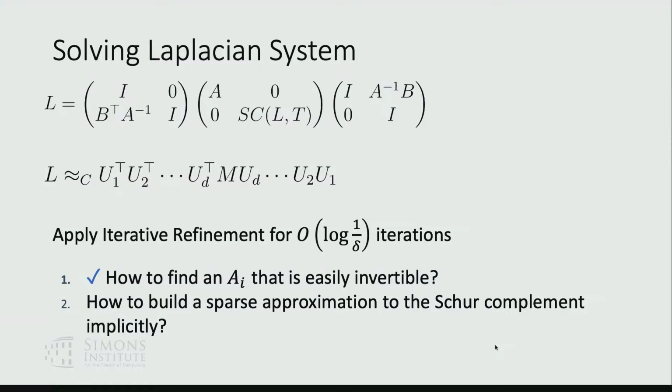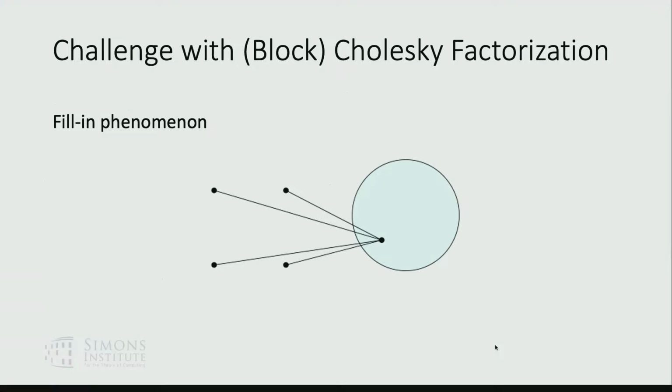The only piece remaining is how do I build a sparse approximation, and then I can recurse on the Schur complement. Since I'm finding a constant fraction at every step, I'll have log n iterations of recursion. So that is worked out. The only piece missing is how to build a good approximation to the Schur complement implicitly. Let's see if we can complete that part.